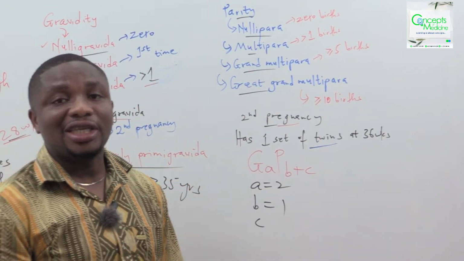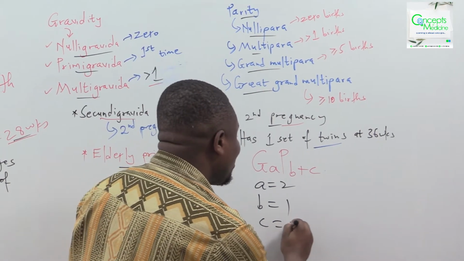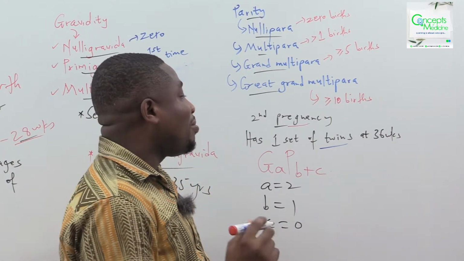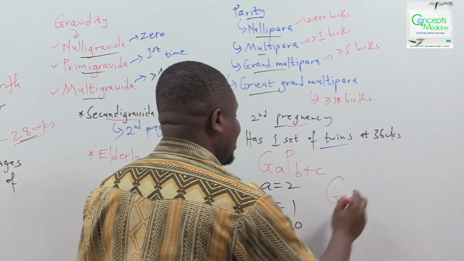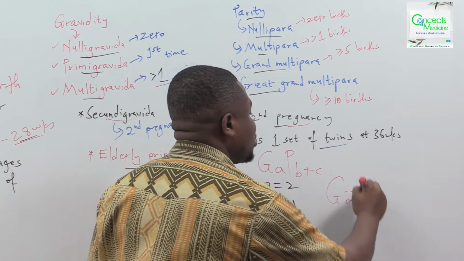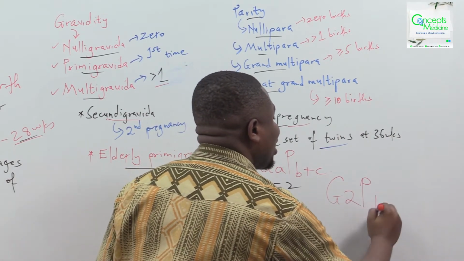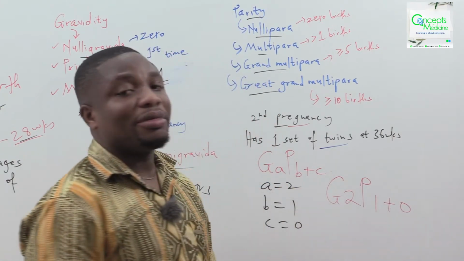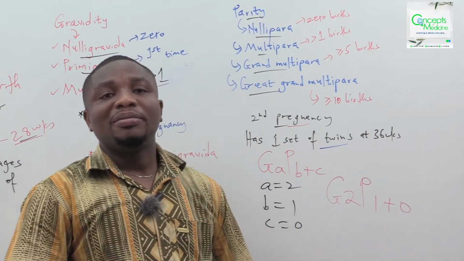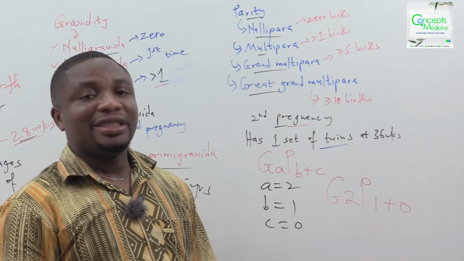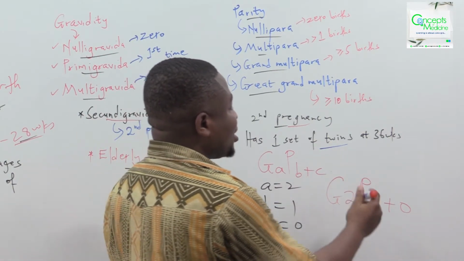So our C will be equal to 0. To denote this, our parity formula will be G subscript 2 P subscript 1 plus 0. That becomes gravida 2 para 1 plus 0, meaning the twins will be considered as 1.